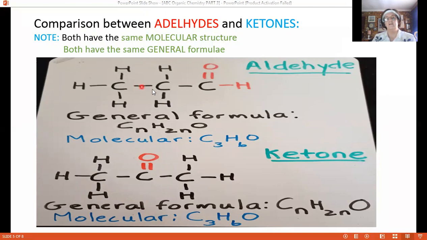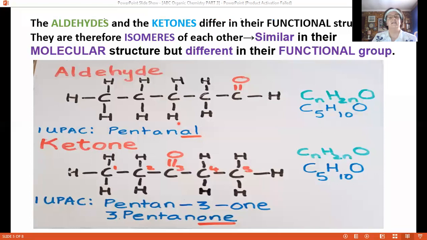If you count the carbons, it's C3H6O, derived from the general formula. So in your aldehydes and your ketones, you've got the same molecular formula and the same general formula. That is exactly the same.